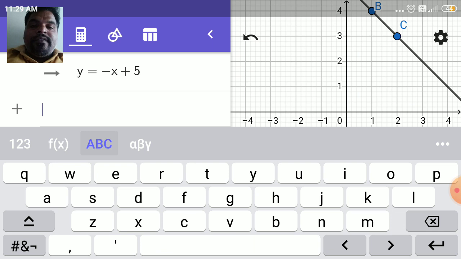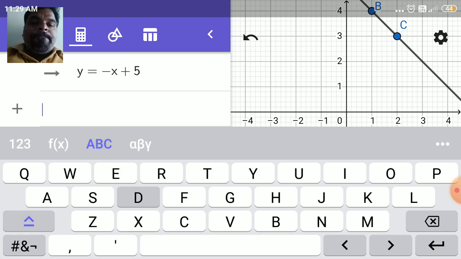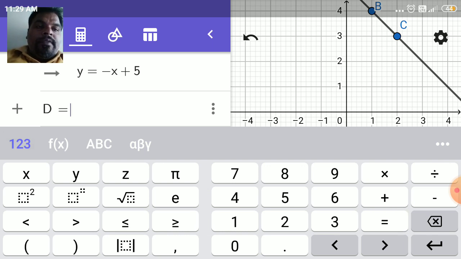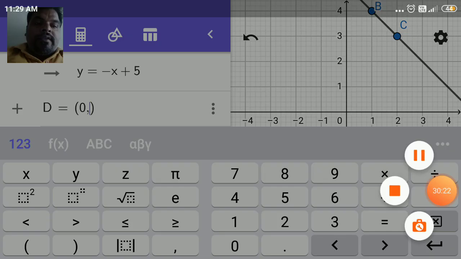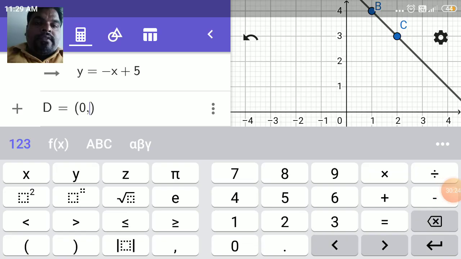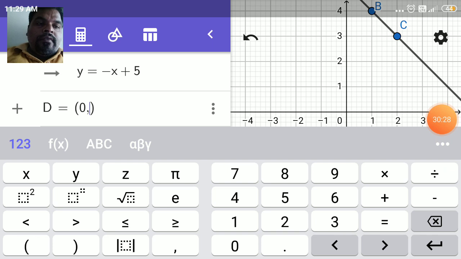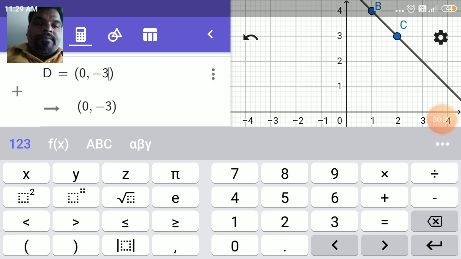This point is D. The first solution is 0 comma minus 3.